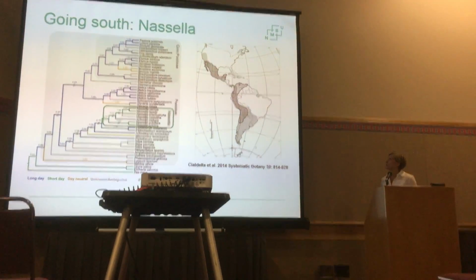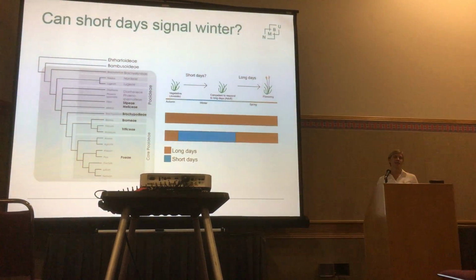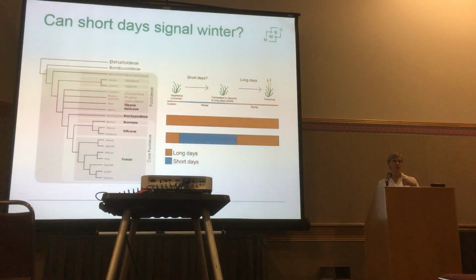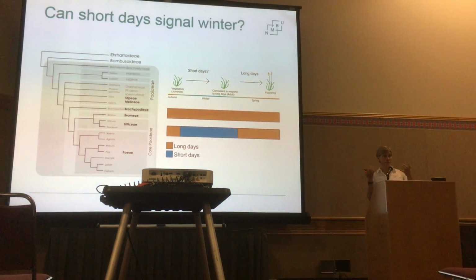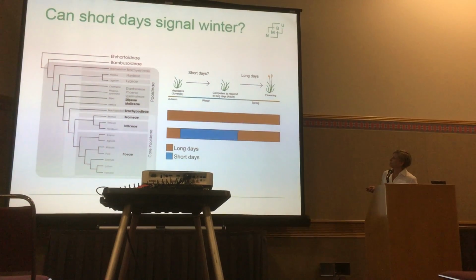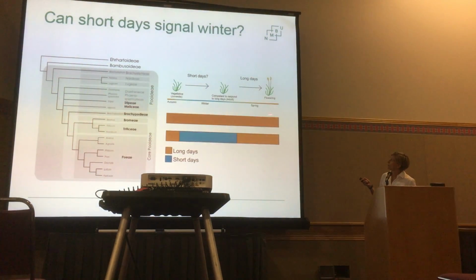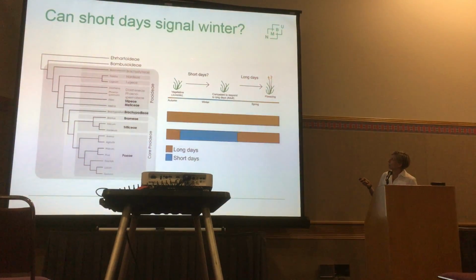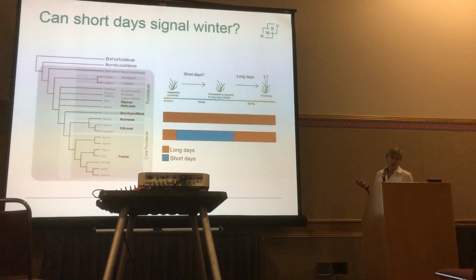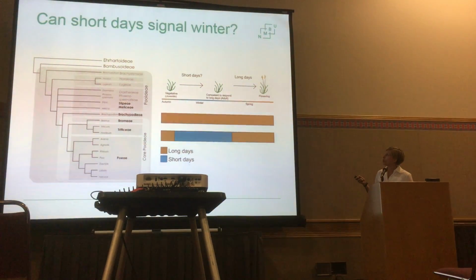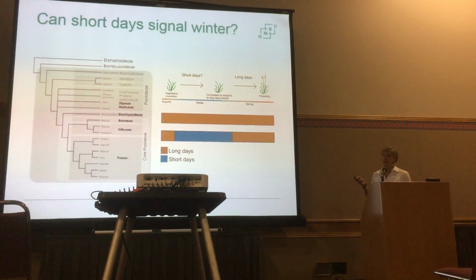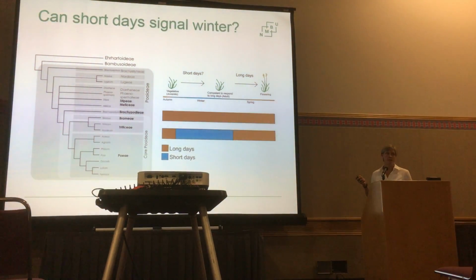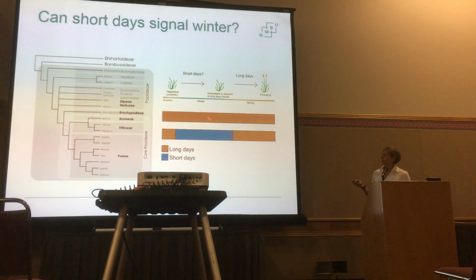Okay, the next question was, can short days signal winter? Can they replace cold vernalization as a cue for winter? If you remember this figure again, here we know that vernalization signals winter and makes them competent to respond to long days, but could we maybe get the same if we give them short days? So we did a simple experiment again.